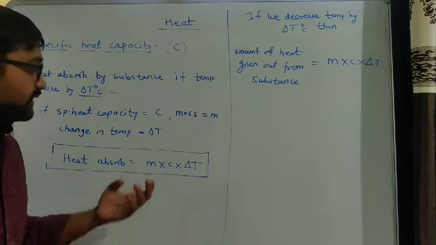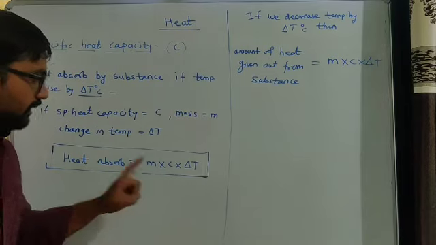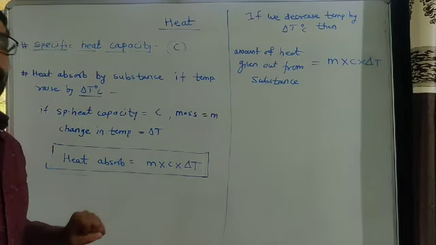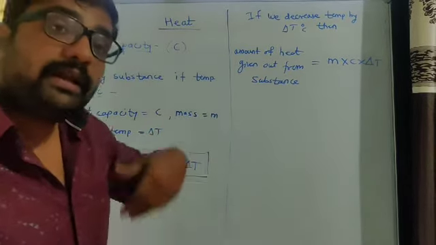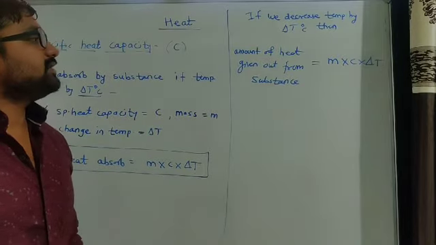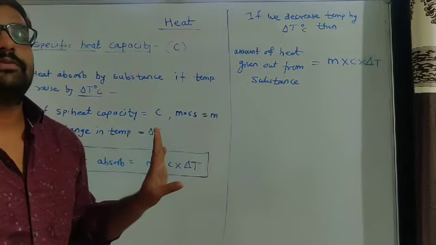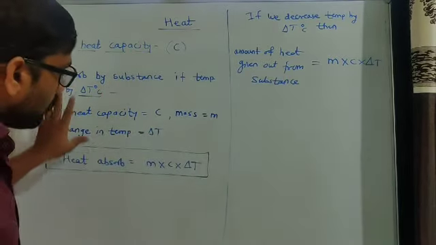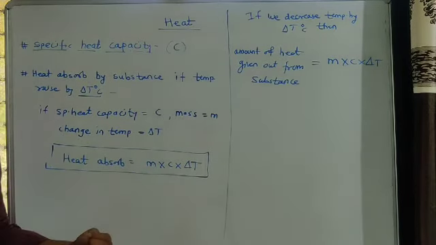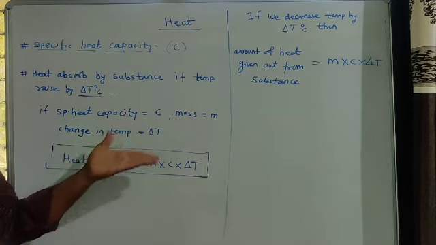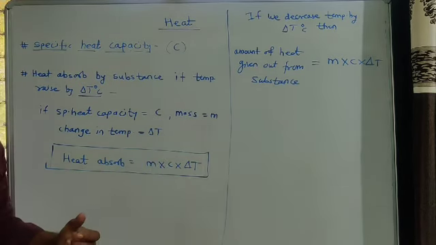If we increase the temperature, the substance acquires heat equal to mass into specific heat capacity into the change in temperature. The amount of heat given out when we decrease the temperature is also mass into specific heat capacity into change in temperature. You have to remember this formula: it is the same for increase or decrease, mass into specific heat capacity into change in temperature.